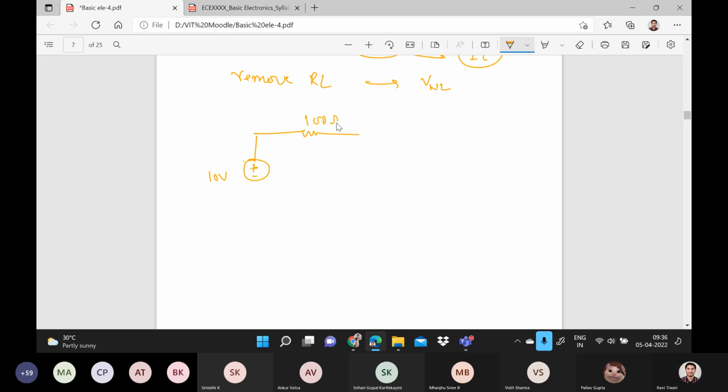And here I am using one Zener diode like this, and this is the RL value. RL is varying from 1 to 1000, for example.